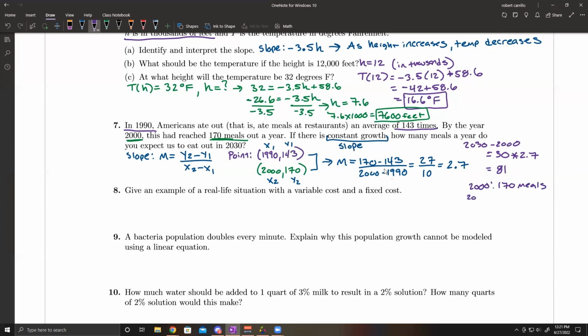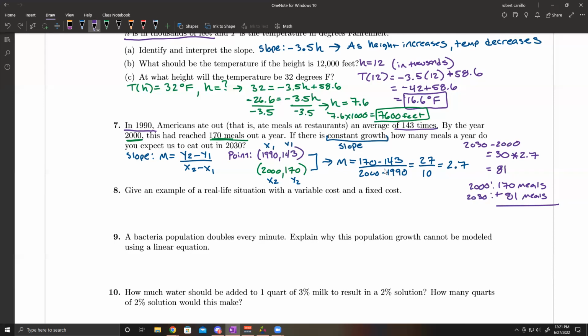And in 2030, we're going to eat 81 more meals, which means the number of times we're going to go to a restaurant is going to be 170 plus 81.